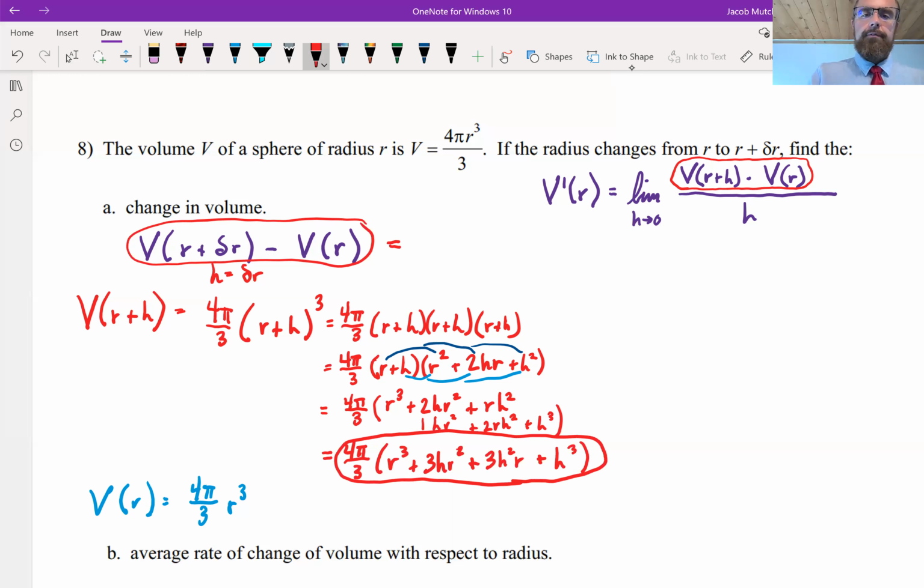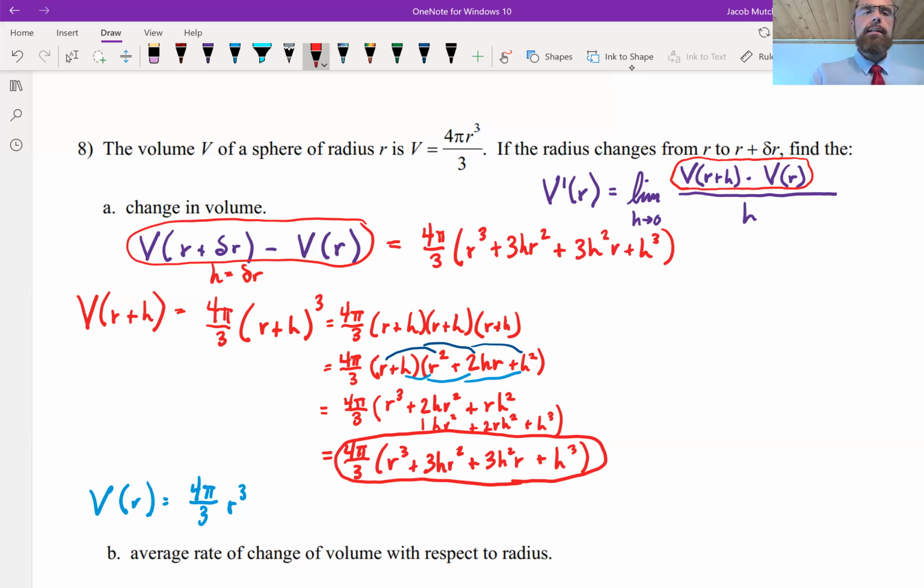So this is going to be 4 pi over 3 r cubed plus 3hr squared plus 3h squared r plus h cubed.